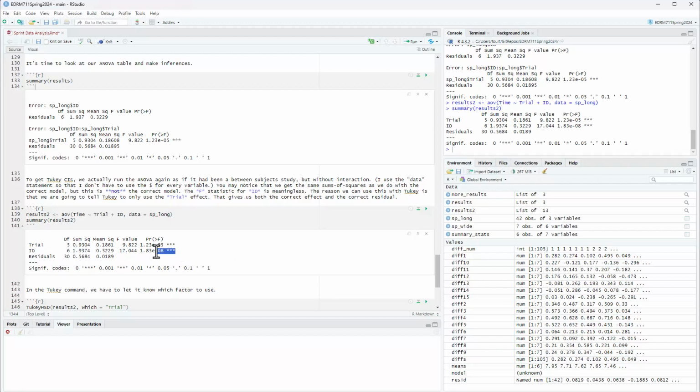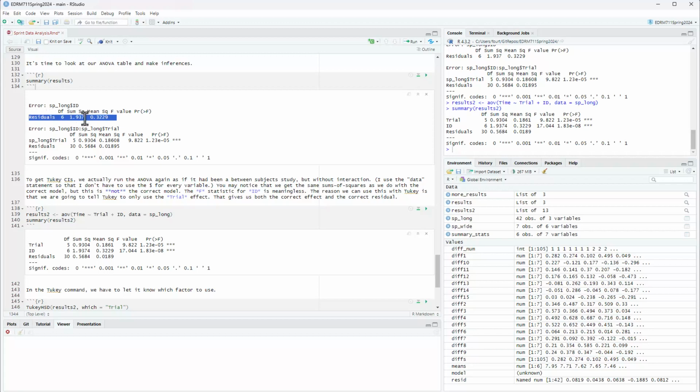So the ID that you see right here, in which it's actually using it as a factor and creating an F statistic and an F probability, you can't actually do that here. This ID is what is separated out as the residual that we're taking out up here.